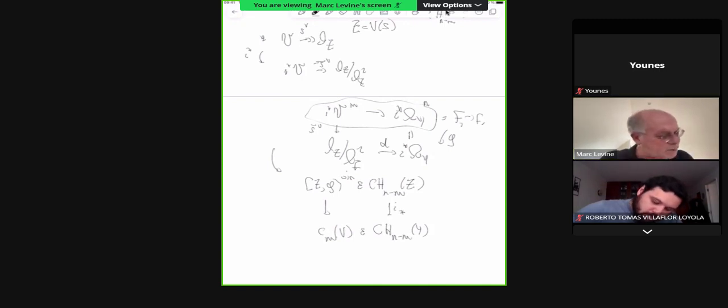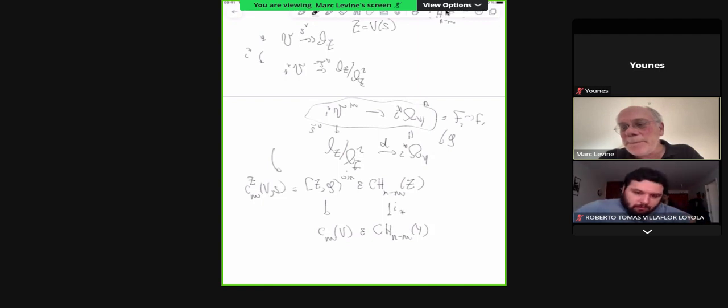So it's, if you like, the Chern class with supports on Z of V associated to the section S, which you can construct by Fulton's intersection theory, and that's exactly what you get.